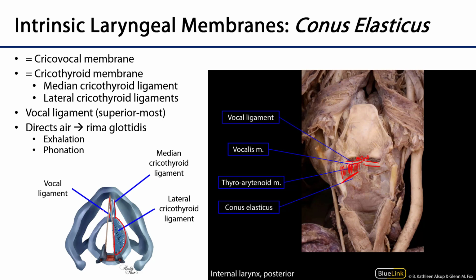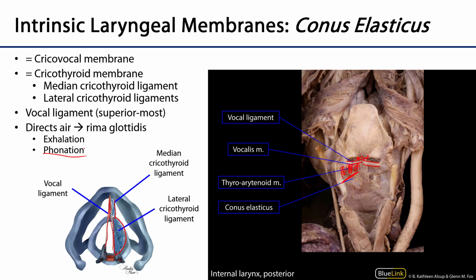The conus elasticus is going to be an important membrane for directing air to the rima glottidis. That is the space between the vocal folds here. So whether that's for breathing or for phonation, but most importantly for phonation, the producing of sound as air vibrates the vocal folds.